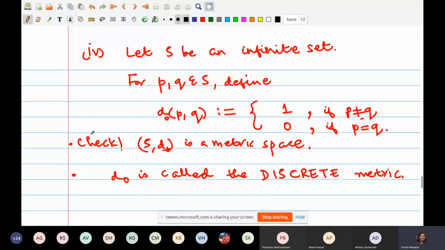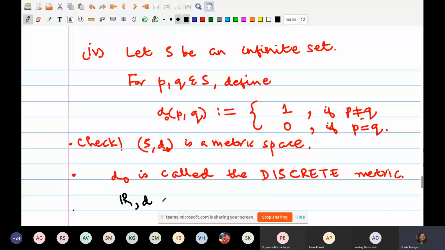Something I would like you to make note of is that, for example, on the real line, the set of real numbers, instead of the usual Euclidean metric, you can consider the discrete metric.